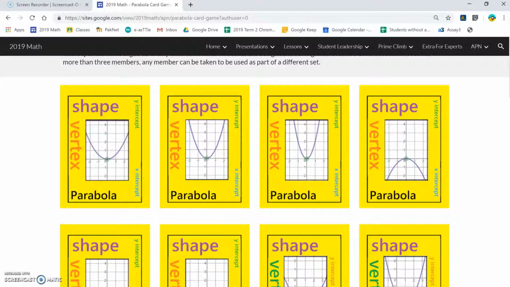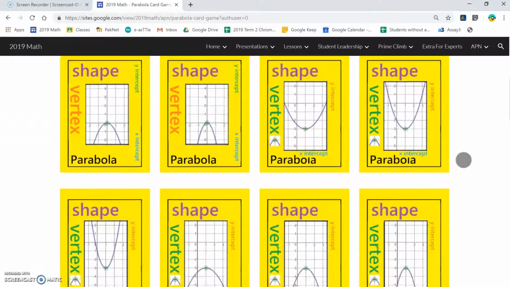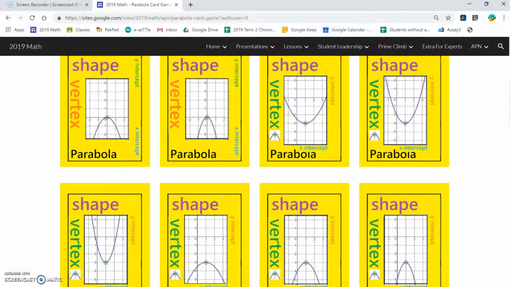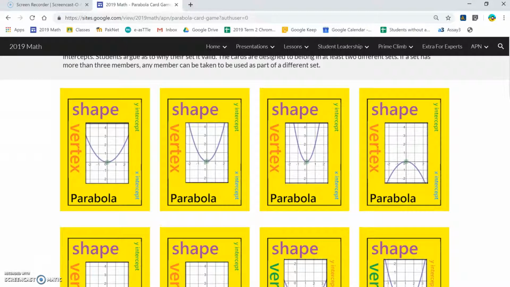You'll notice I worked out after a while that the green dot didn't really go with the orange vertex, so in some of the cards it is actually green. I left it as it is because I think it's all interesting debate. So if we look at that set crosswise, the row, you can see they all have the exact same vertex and they have different shapes.